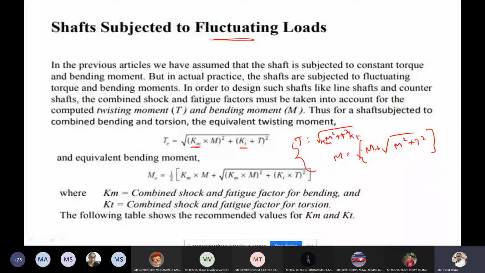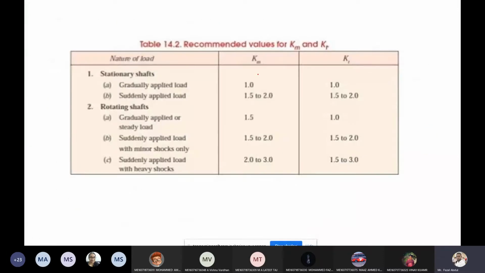In the same manner here also, Km, Kt. Km is nothing but the combined shock and fatigue factor for bending. Kt is the combined shock and fatigue factor for torsion. These Km and Kt values we need to consider while solving the problem.